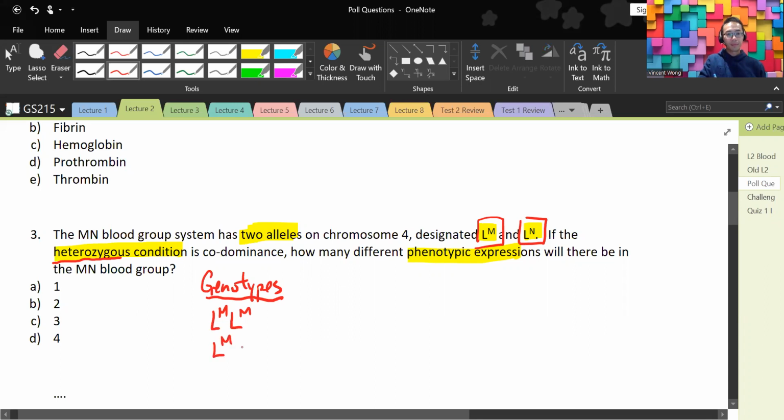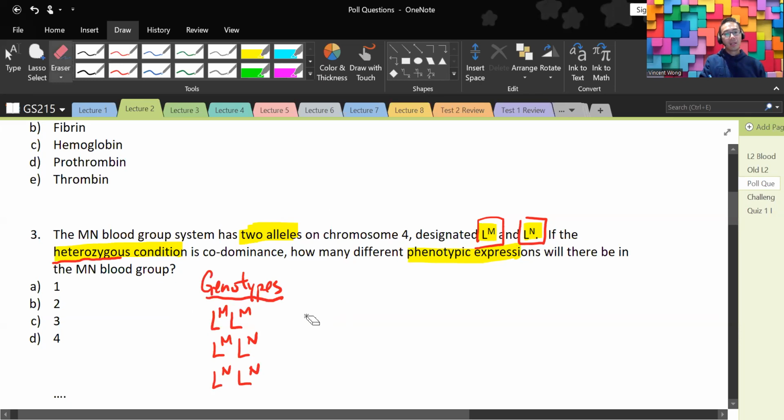LM LN. And then the last one is LN LN, right? Okay, do we all agree on this? Do you all understand how I came up with these genotypes? I am just combining the alleles in various combinations. That's all the different ways there are.